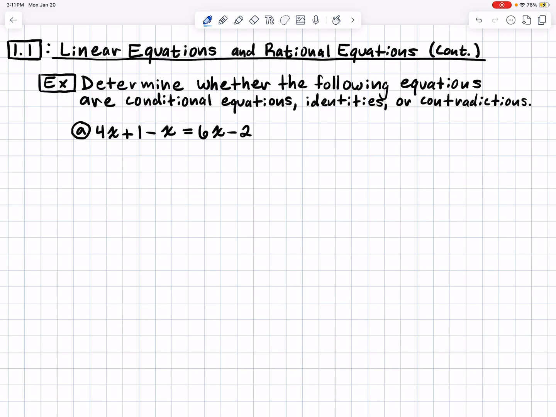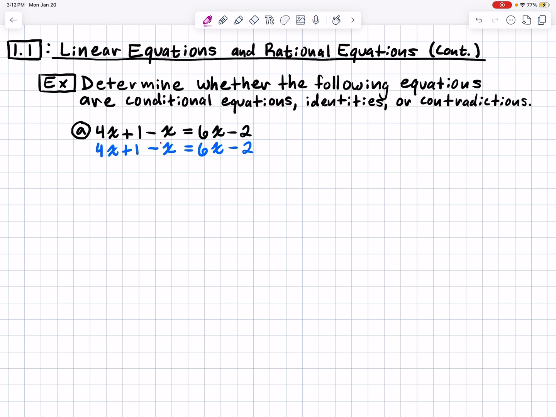So as you know, the first step is just to rewrite the equation. So I'm just going to rewrite it below. 4x plus 1 minus x equals 6x minus 2. All right, our next step is to combine like terms. And on the left-hand side here, I have two terms with an x in it, so I can combine them.